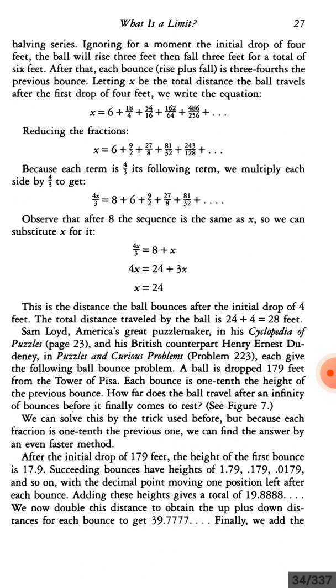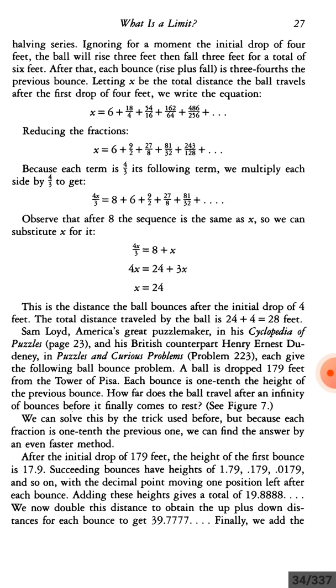we write the equation x equals 6 plus 18/4 plus 54/16 plus 162/64 plus 486/256 plus, and so on. Reducing the fractions, x equals 6 plus 9/2 plus 27/8 plus 81/32 plus 243/128 plus.